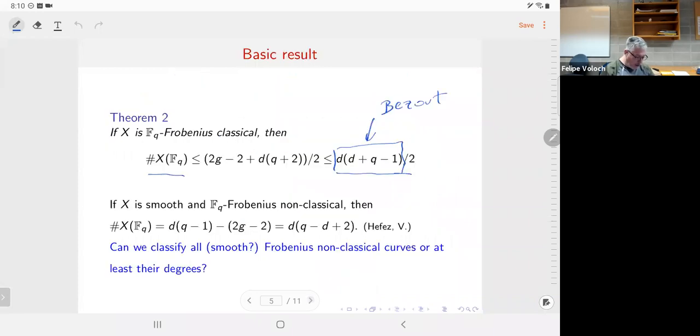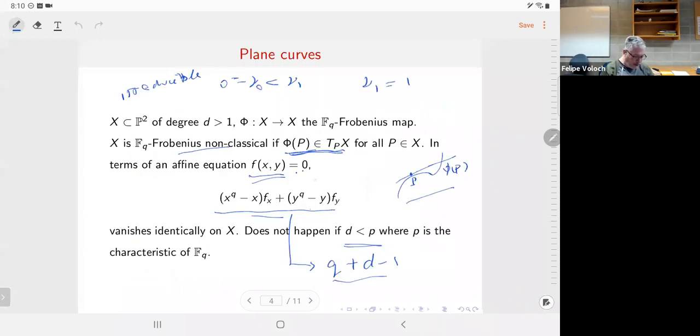Now, there's a local calculation that you have to do because there is a substantial gain in it. The rational points are obviously here, because P is always in the tangent line at P. It's the embedded tangent line, the line that goes through P and is tangent to the curve. So if P is rational, P is in T_P X, so Phi of P, which is P, is also in T_P X.